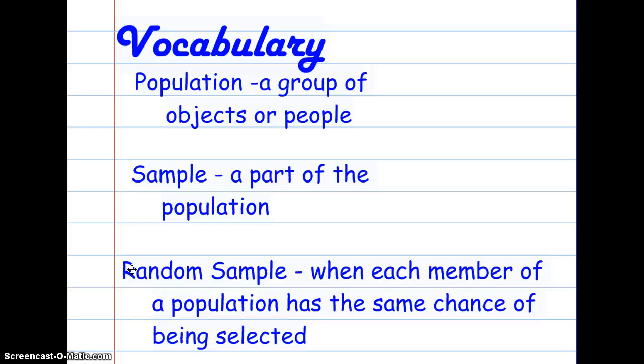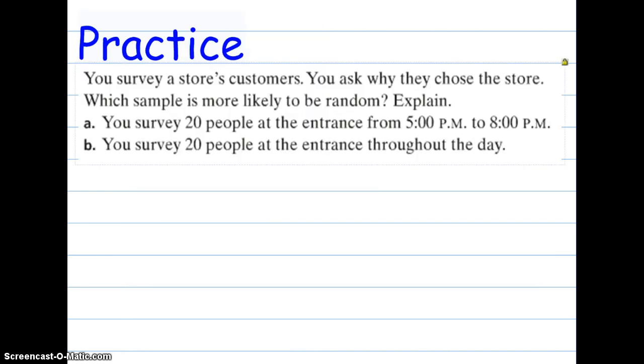Was the whole population able to take part in the event, whether it's a survey or just counting the number of people that buy something, or polling somebody for an election or something like that? Was everybody able to have a chance to be part of that sample? So that's vocabulary. If you need a little bit more time, just go ahead and pause it, and you can record that down. So we're going to move on to a practice problem.